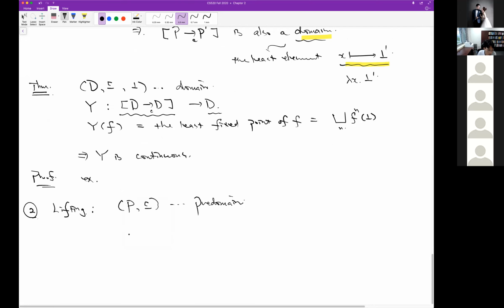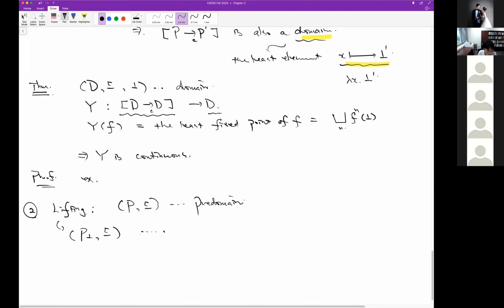Okay. Now, how to do the lifting? So this lifting is written like this, P bottom. That's the output of the lifting construction applied to the given pre-domain P.